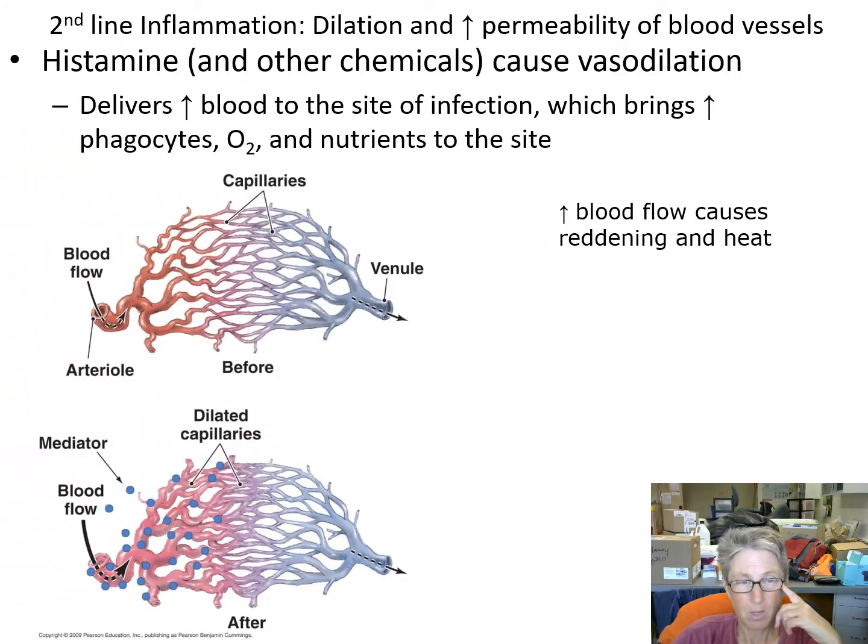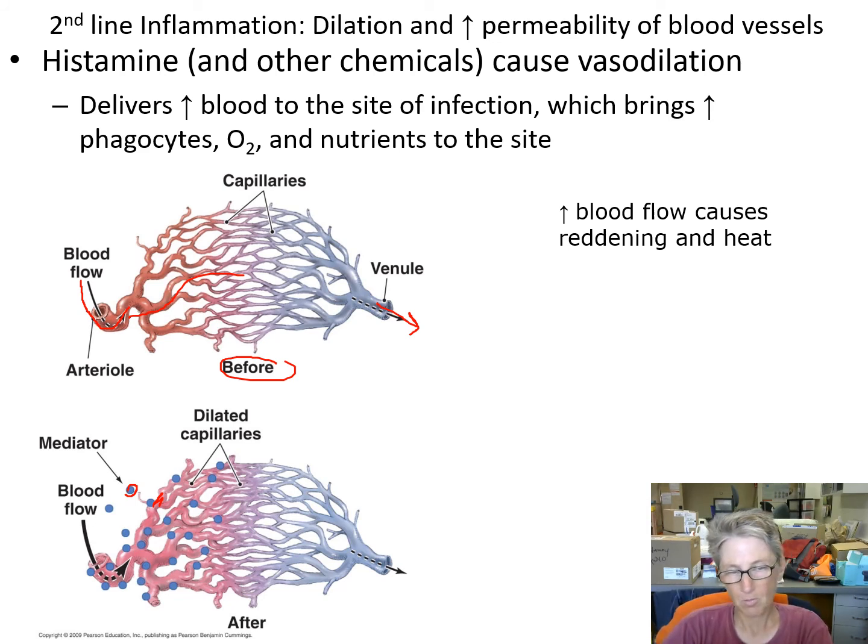So here is a cartoon of a capillary. Maybe you remember this from Bio 202 when they talked about blood vessels, but here's blood flow going in through an arteriole. And this is before, so blood moves into the capillaries and then out the venule. And then after you dilate your arterioles and capillaries, here's a mediator like histamine telling the smooth muscle cells around the blood vessels to relax.